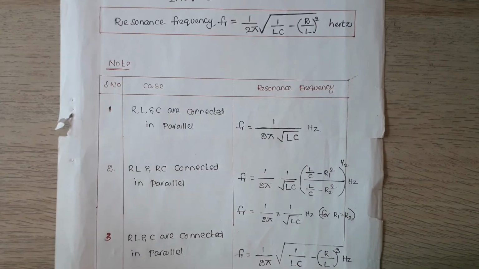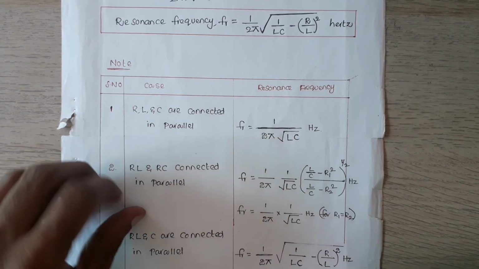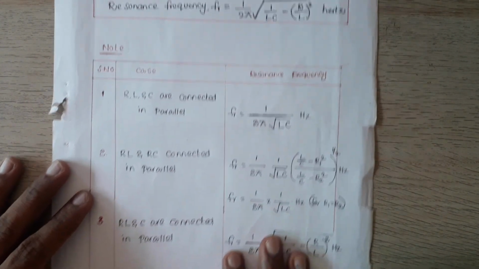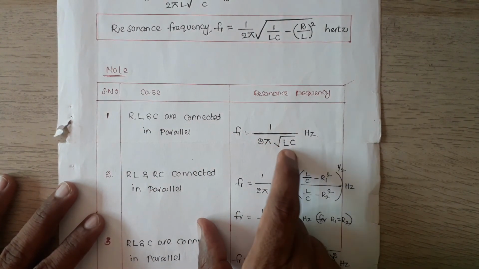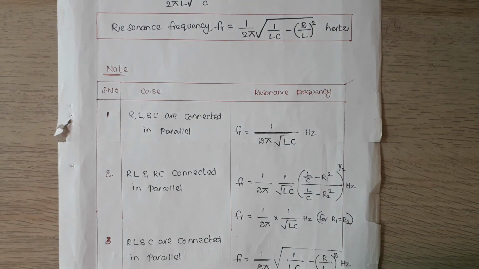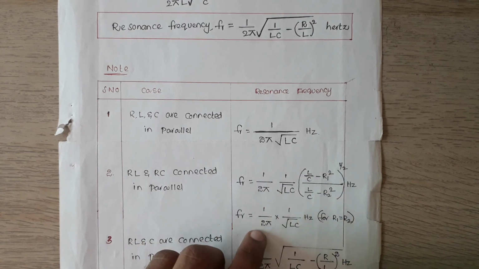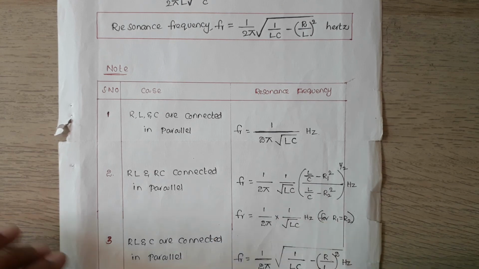If you write it in the form of a synopsis, there are three cases: R, L and C connected in parallel; RL and RC connected in parallel; and RL and C connected in parallel. For R, L and C connected in parallel, the resonance frequency FR = 1/(2π√(LC)) hertz. For RL and RC connected in parallel, this is the mathematical expression, and if R1 equals R2 this becomes 1, so at that time 1/(2π√(LC)).